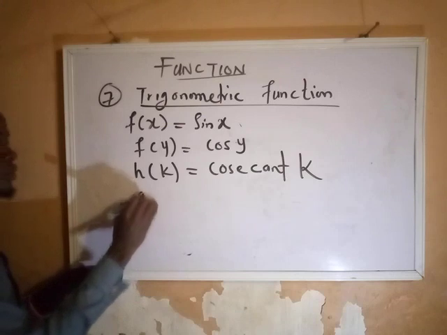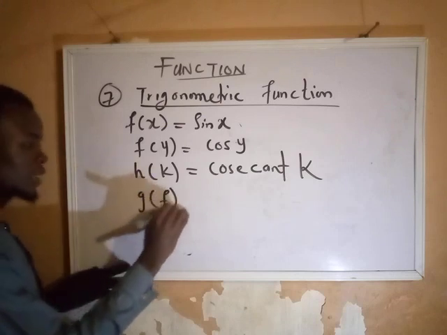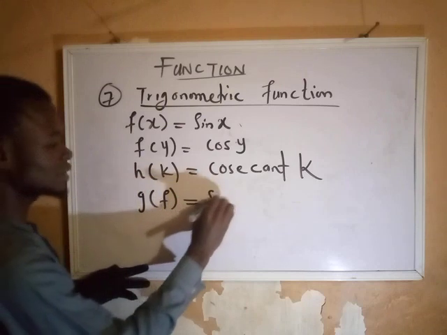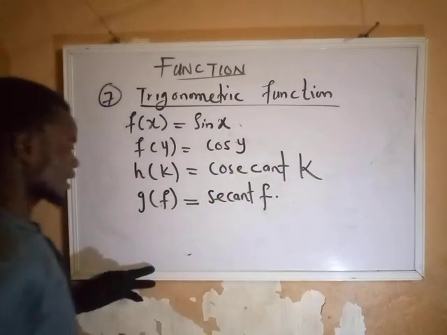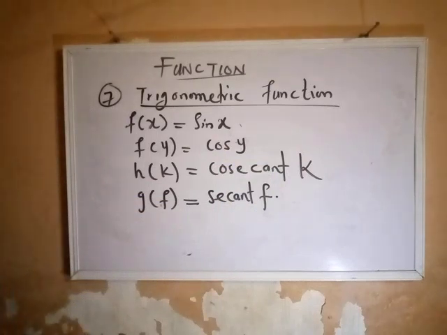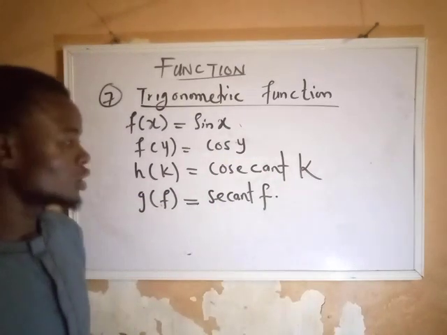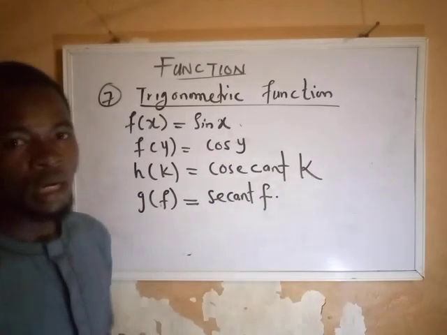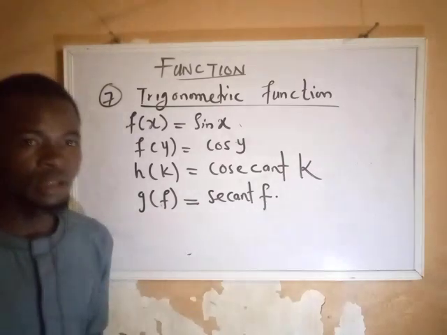Or let's say you have g of f equals secant f. All of these are special trigonometric functions. There are more than this as time goes on. We are going to familiarize ourselves with the different types of functions that we have.